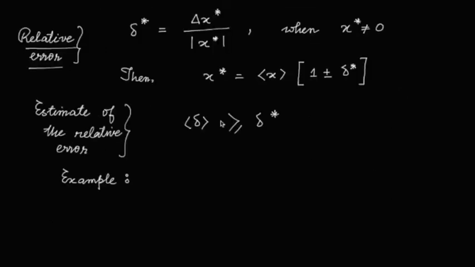With the same example, my delta star will be 0.004 by 1.234. I'll leave you to calculate what this number will be. But that's the relative error in a number. Okay, any questions so far? Else we'll proceed.